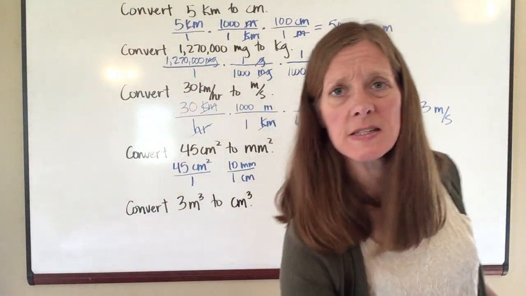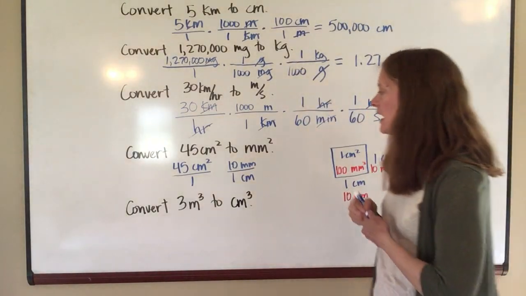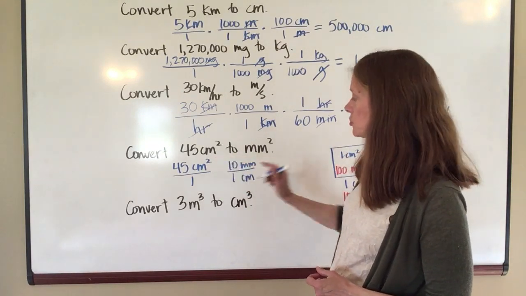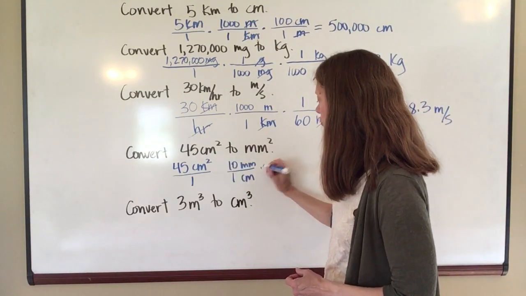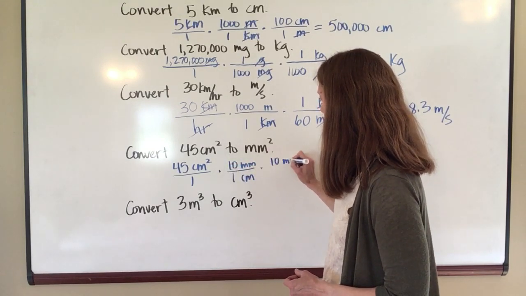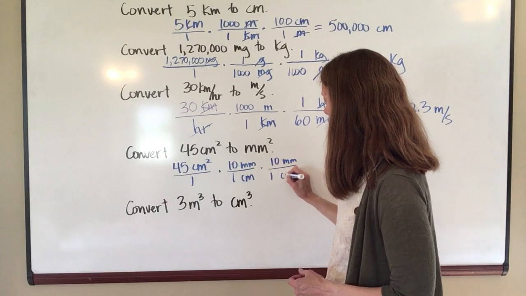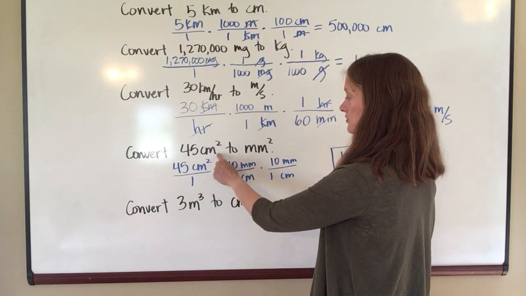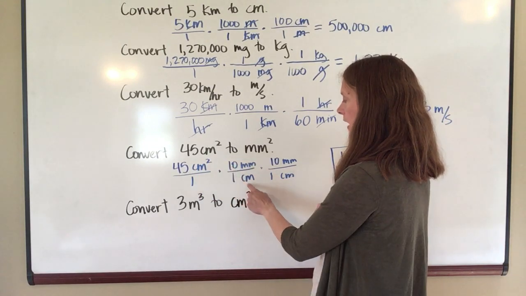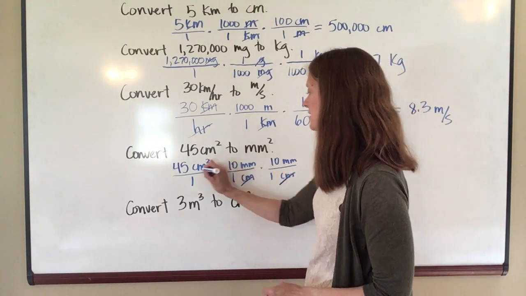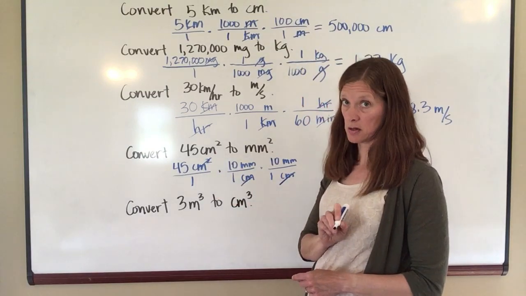So generally the easiest way to convert this is, since I have centimeter times centimeter, which is centimeters squared, I can just use this conversion factor twice: 10 millimeters and 1 centimeter. Since I have centimeters squared up here, I have a centimeter times a centimeter down here, and so it takes both of these to cancel out this one.